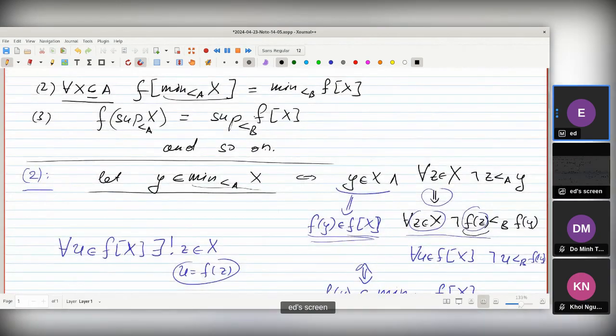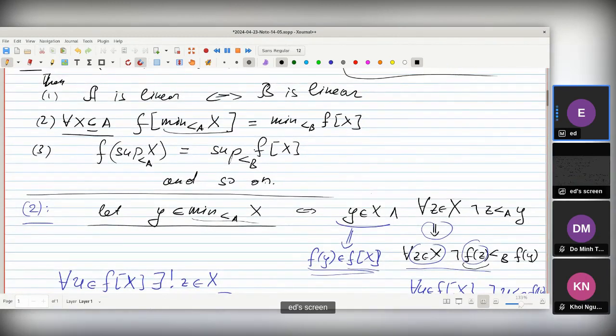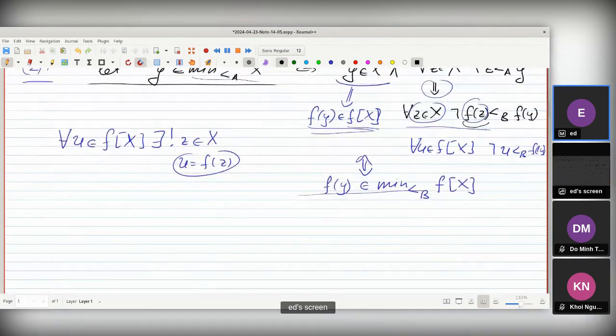So if you know that every minimum from X is mapped to a minimum of F of X, then you can take this set and you can see that every minimum of this set is mapped by F converse to the minimum of F converse of F of X, that is just X. But I will skip the remaining details as they are not that important.